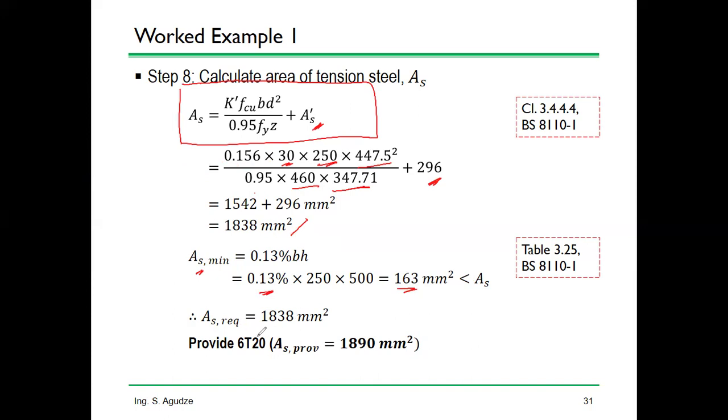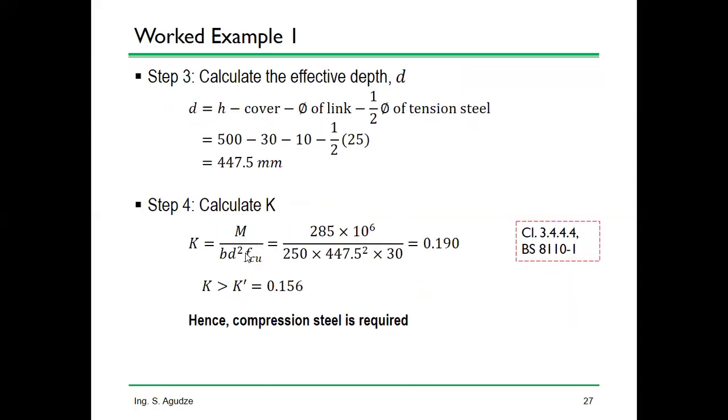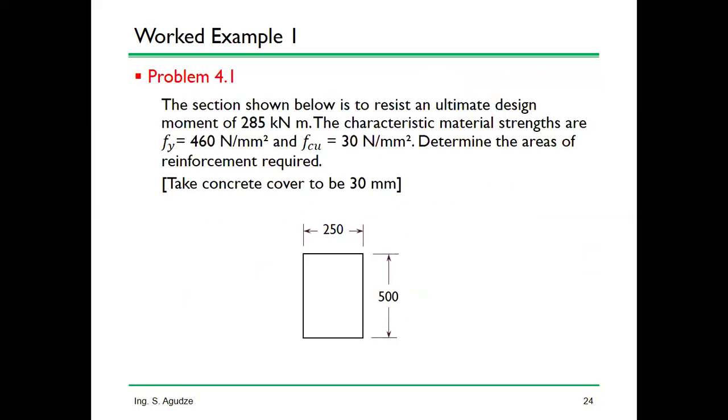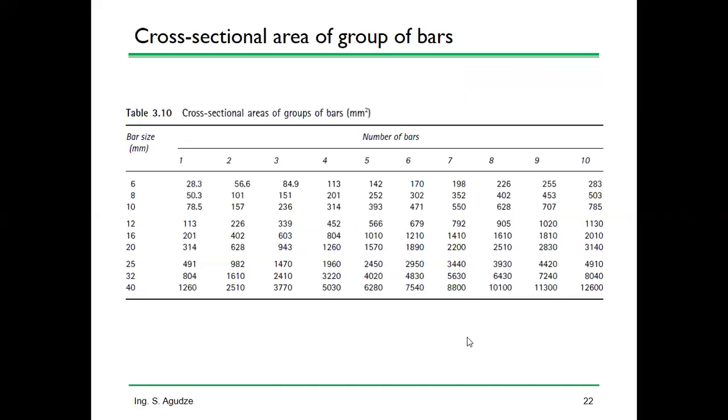Once again, let's go there and make some interesting decisions. The AS required is 1838, so let's take note of that figure. I'll go to that table for the 1838.